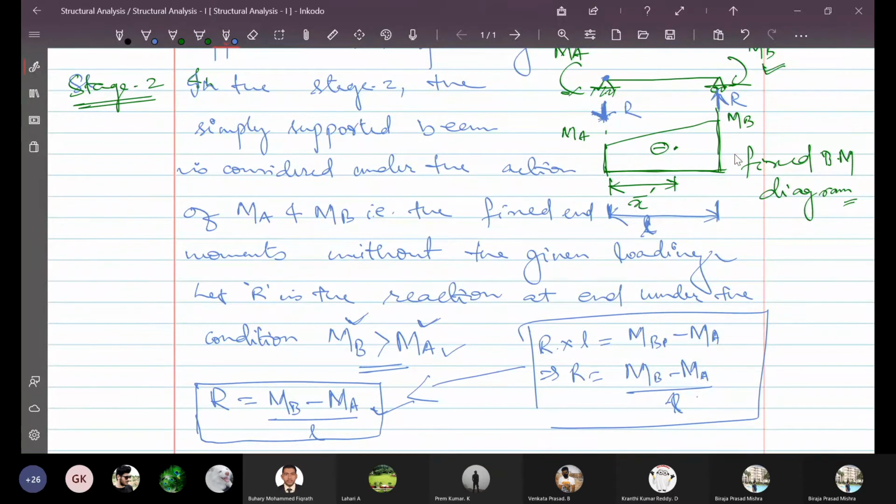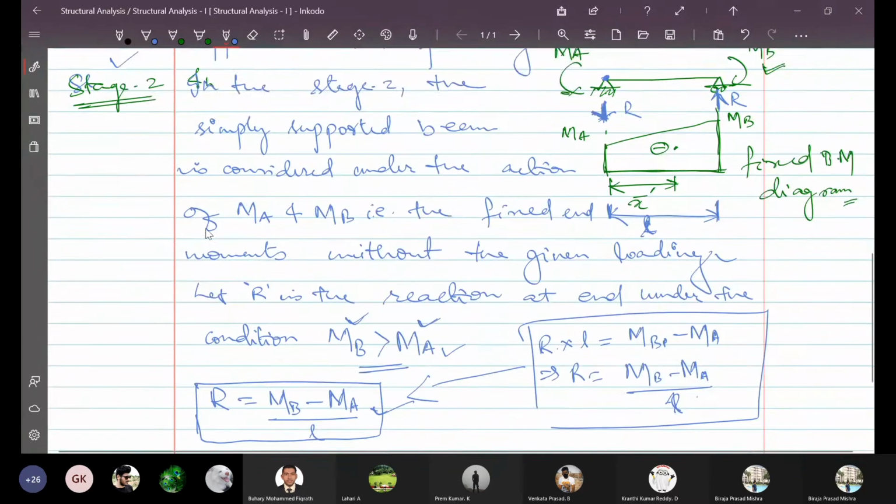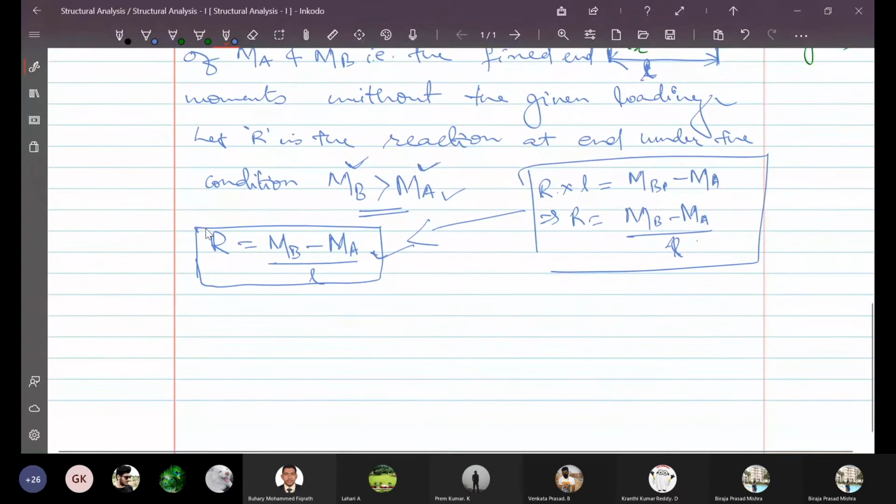Now if I combine stage 1 and stage 2, let me write this: combining stage 1 and stage 2, what do we have?